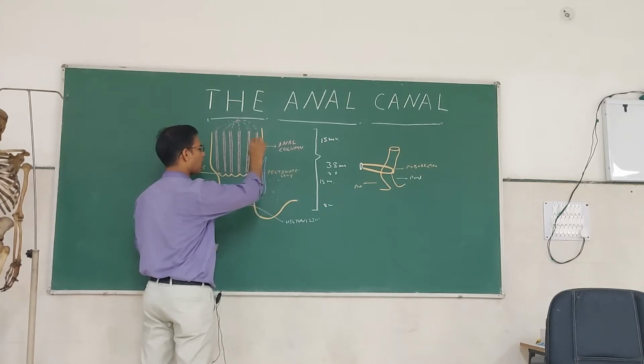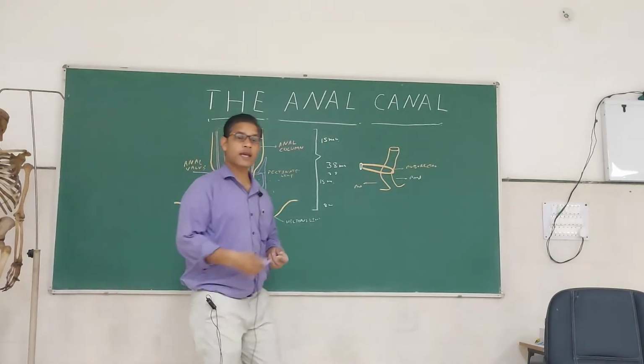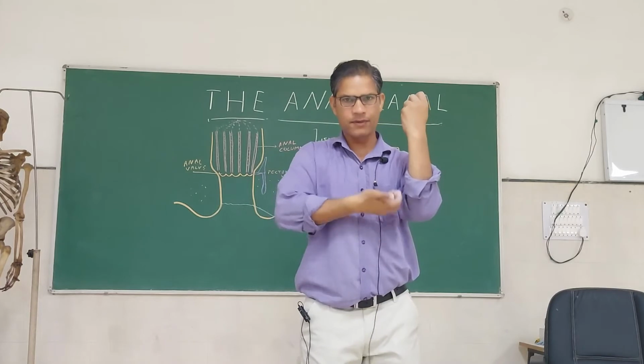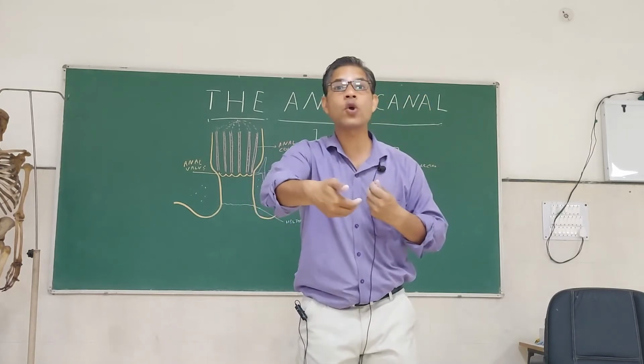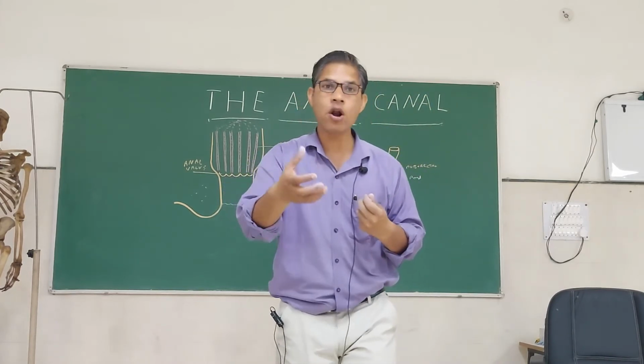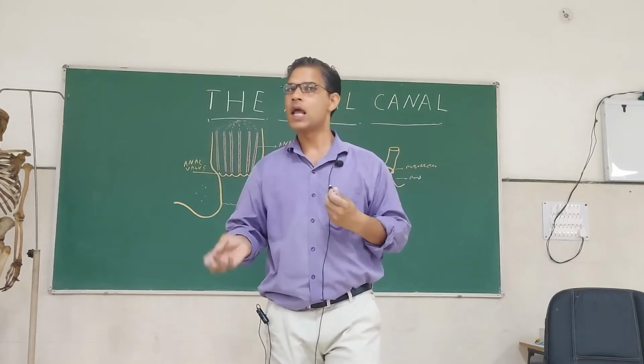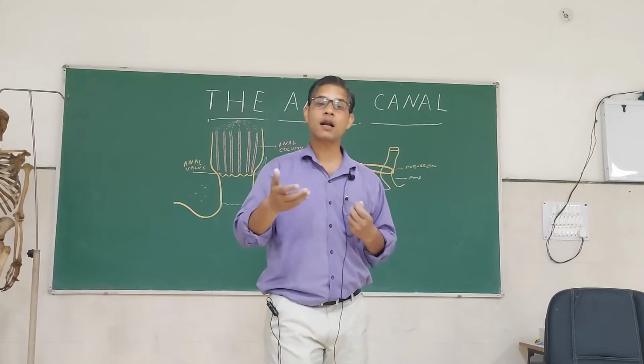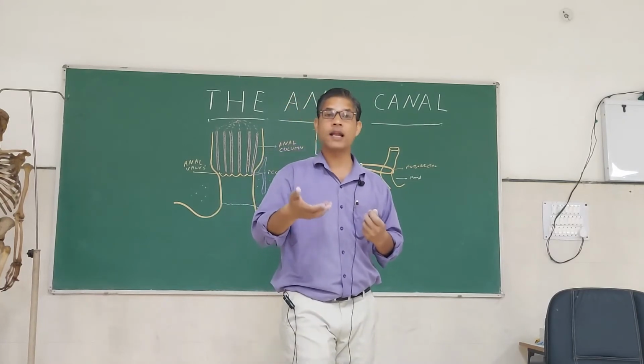Suppose this is one column, this is another column, and in between them the cusp is there. The glands open. These cusps are more prominent on the posterior aspect of the anal canal, and the glands open into this cusp.